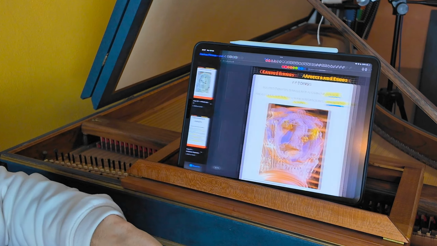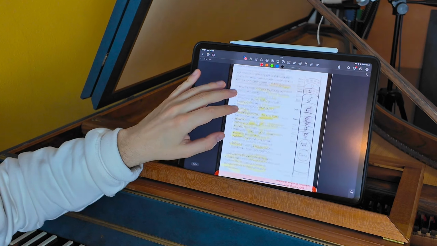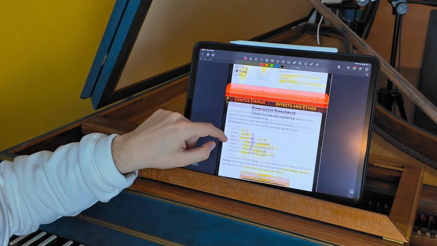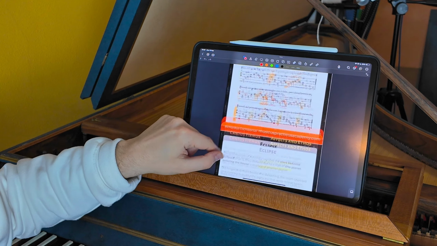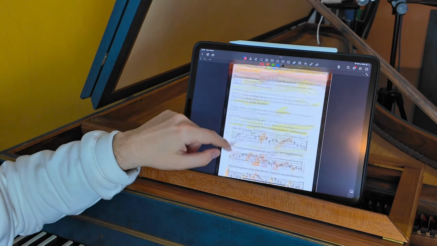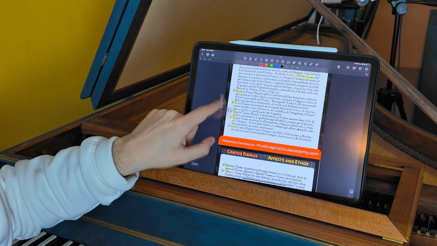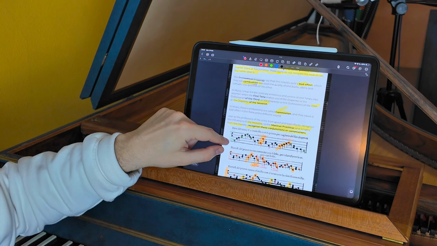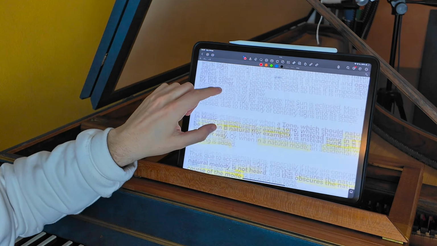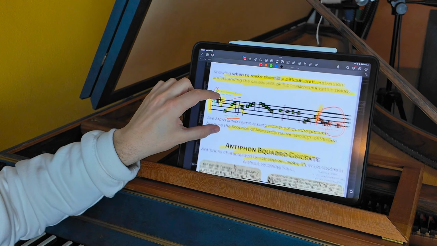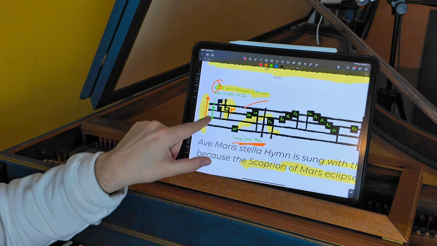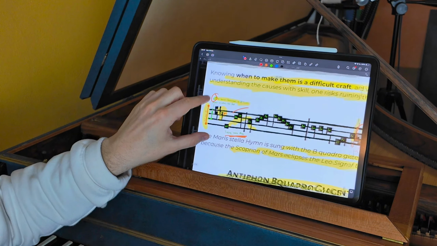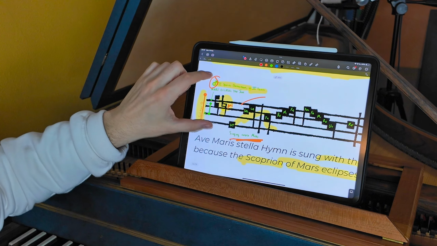So we have to check chapter 10 about ethos and the affect of the planets, and we can see exactly here, when we talk about the eclipse, that what Avella says is that at this point we are singing under the sign of Mars, because we have the sign of the Scorpion.